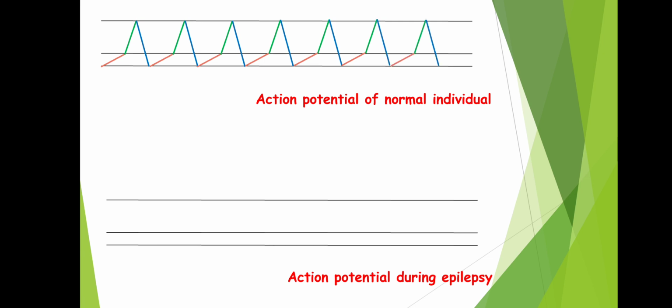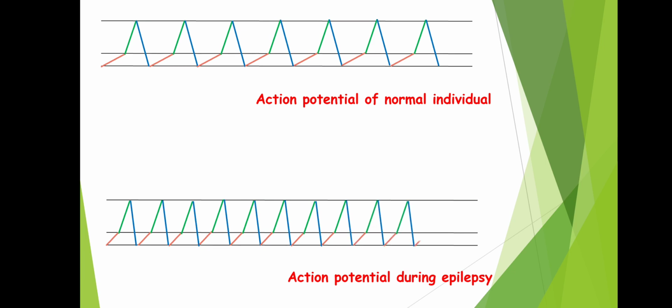Okay, this is the action potential of a normal individual. Now compare it with the action potential during epilepsy. You can see the frequency of action potential. Yes, the duration of each action potential is very short, and the number of action potentials is very high, isn't it?